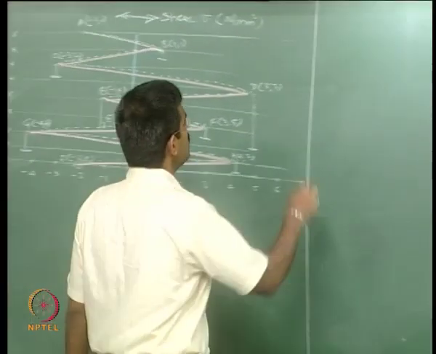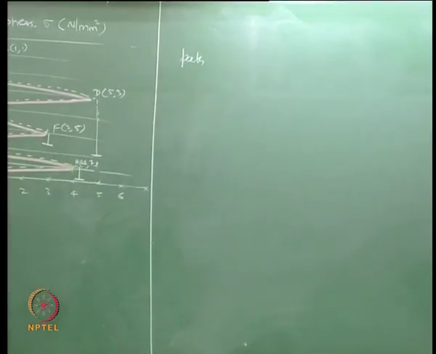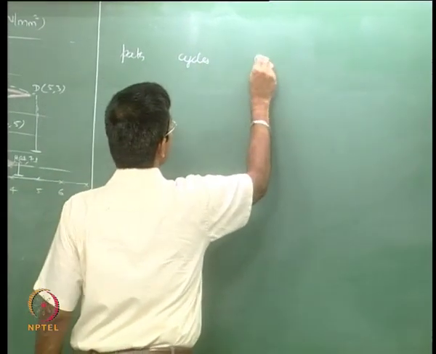Now let us make a table. Let us say my path, cycles, stress range.